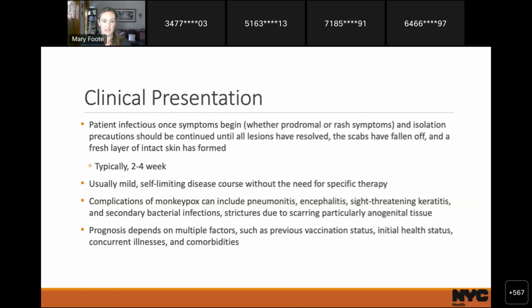And the prognosis, of course, depends on multiple factors. Generally, people who are underlying healthy, without significant medical issues, do quite well. However, concurrent illnesses, comorbidities, immune compromise, and other things may impact the course of the disease and potentially make it a somewhat more severe presentation. Next slide.